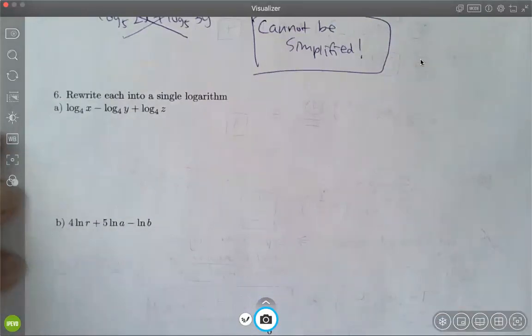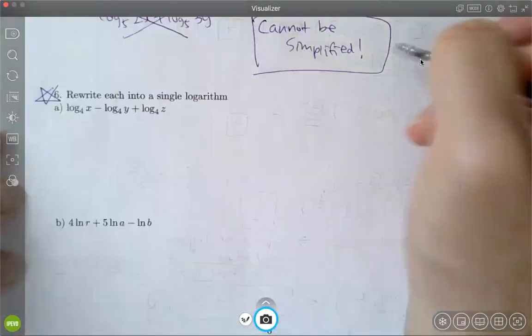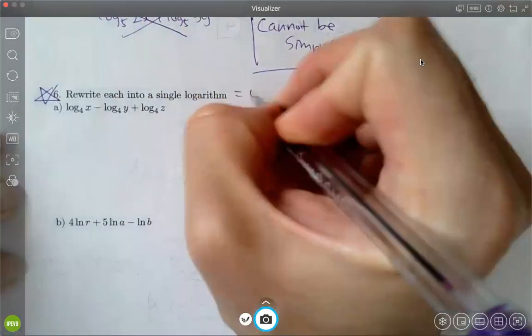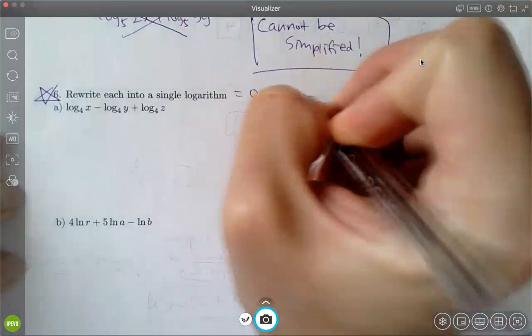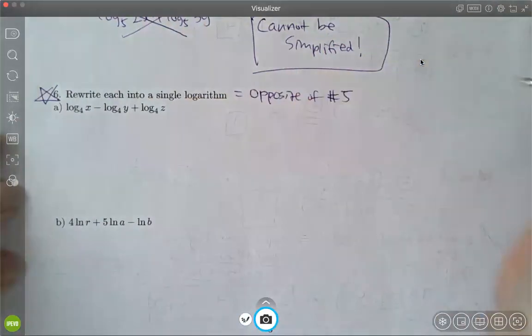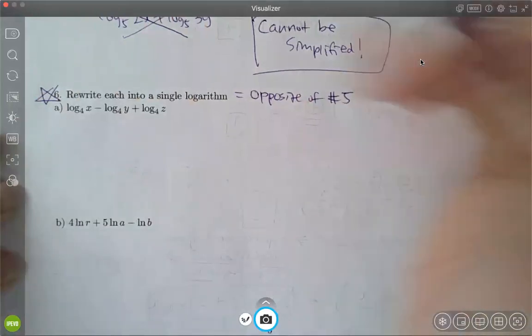Okay, rewrite each into a single log. So this is the opposite of number 5. So what does that mean? We will see sums and or differences in between the logs, which we do here.